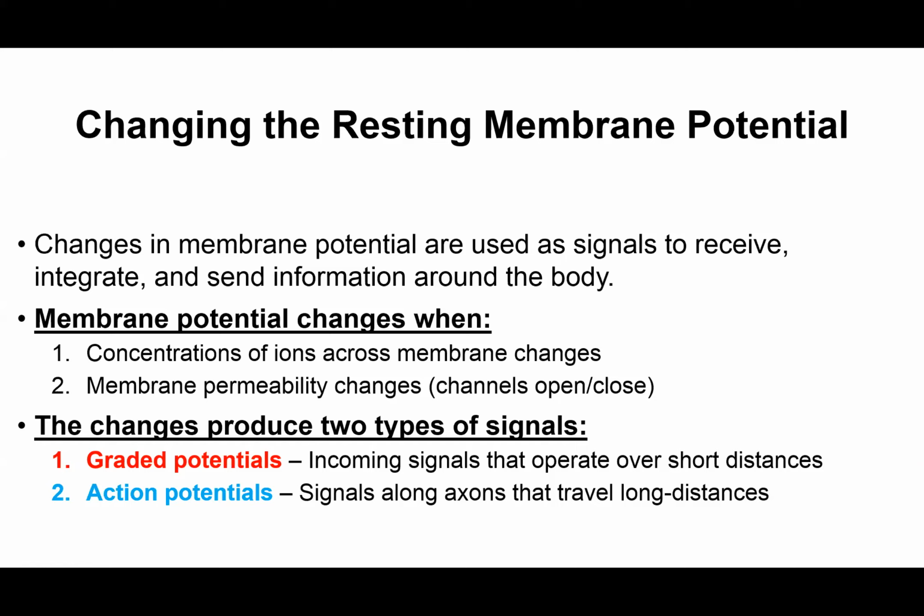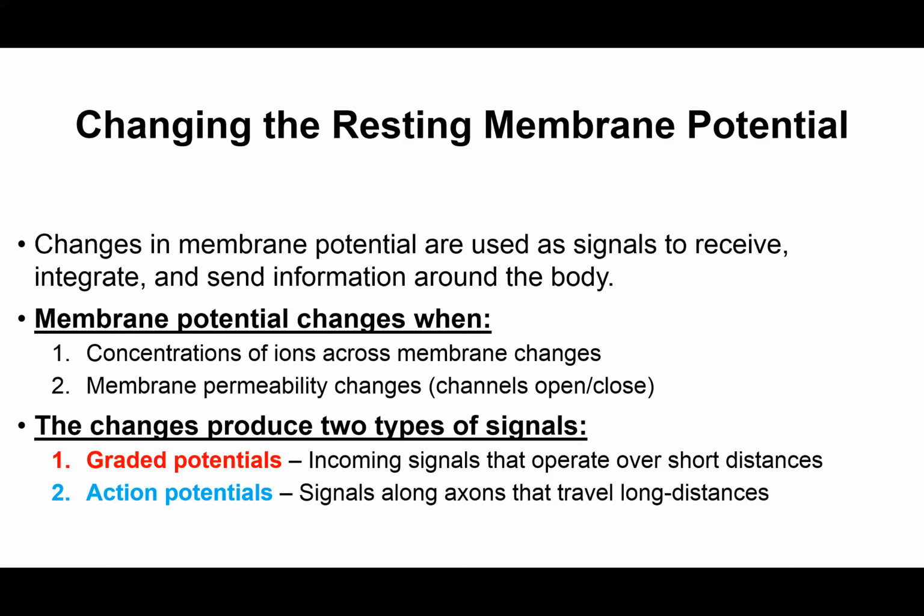Membrane potential changes when one of two things happens. One, the concentration of the ions across the membrane changes, and or two, the membrane permeability changes. So channels need to open or close.